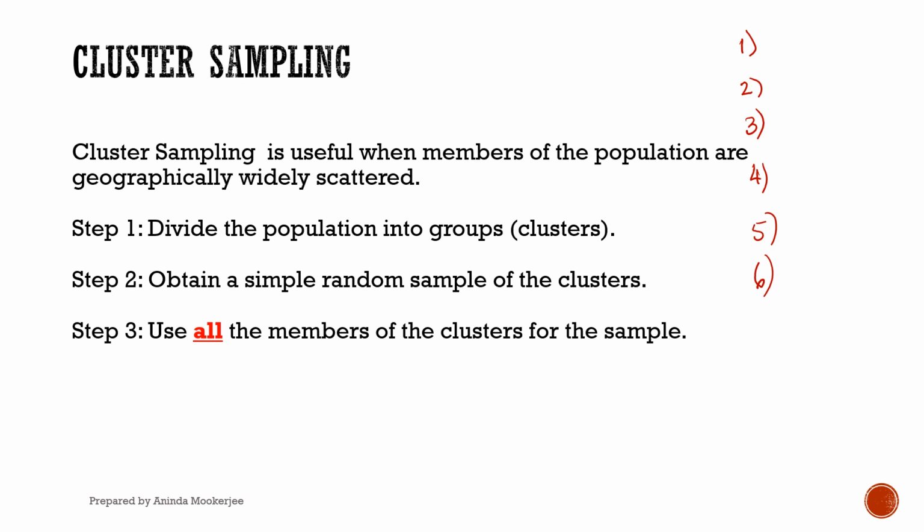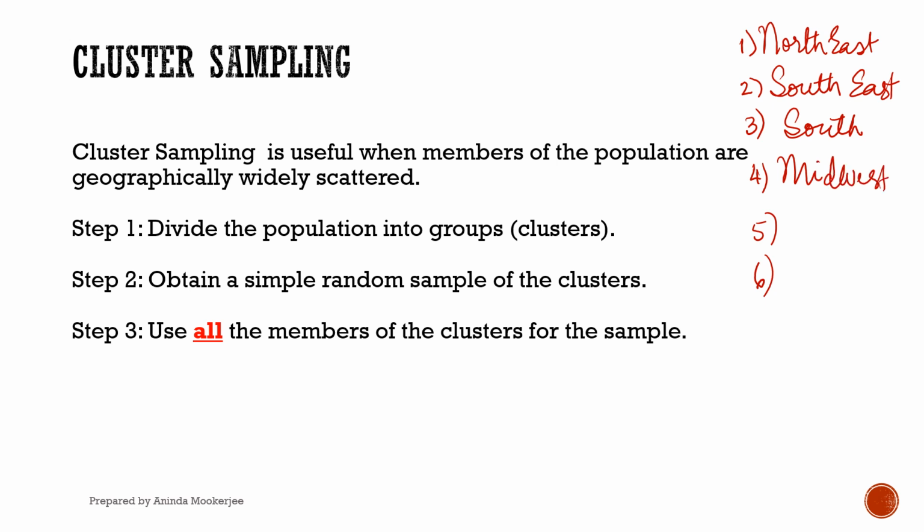And let's say the first region is the northeast section of the states. Number 2, let's say it's the southeast. And then let's make the third cluster south, and then Midwest, and then maybe southwest, right? And finally west.